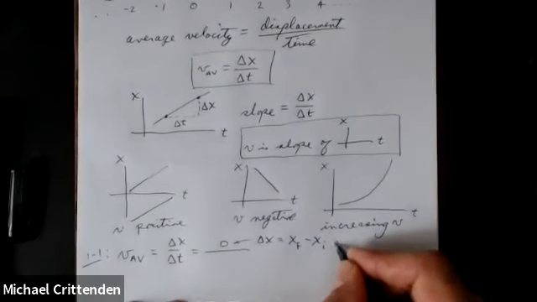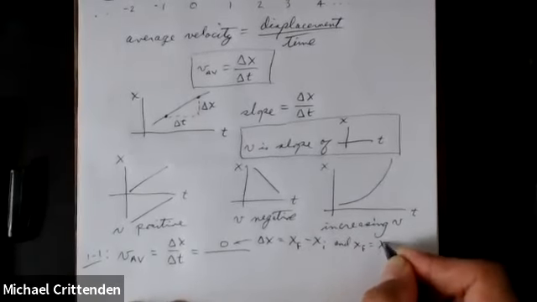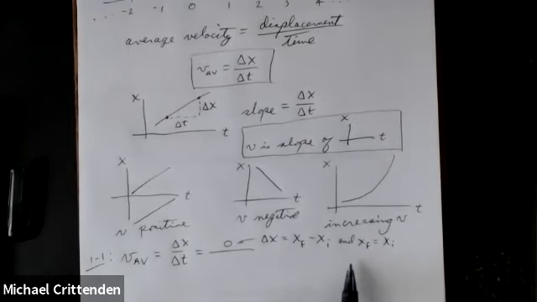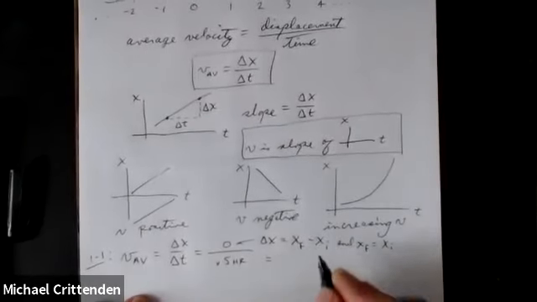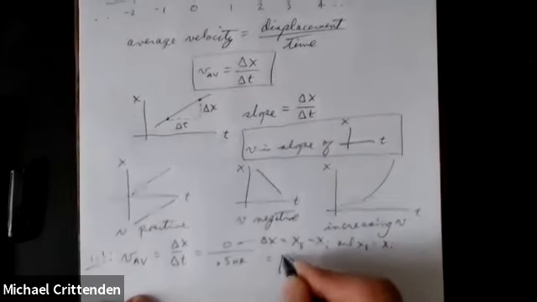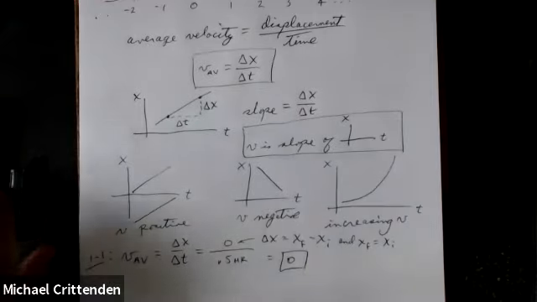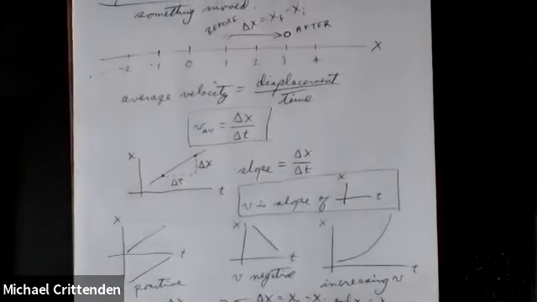So delta x is x final minus x initial, and x final equals x initial. Times half an hour, and when you divide, it's an average velocity of 0. You see, velocity, as I said earlier, is a vector.